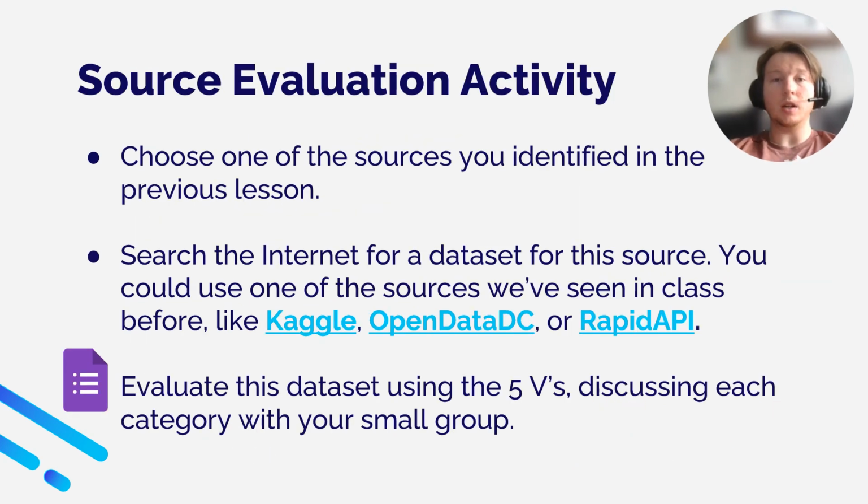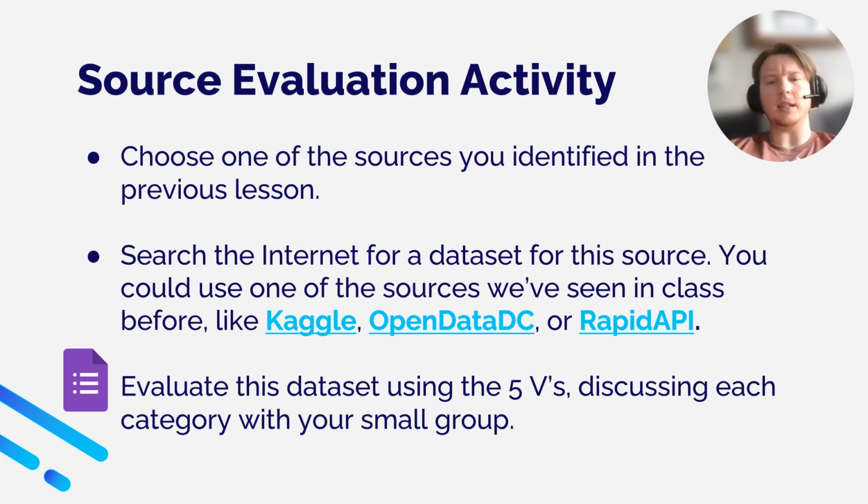So at this point, the class has gone through the coffee data set and evaluated that according to the 5 Vs. We recommend at this point that we split into small groups and that each student sort of goes into one of those sources that they identified in the previous lesson for their local area project and looks on the internet for a data set for this source.